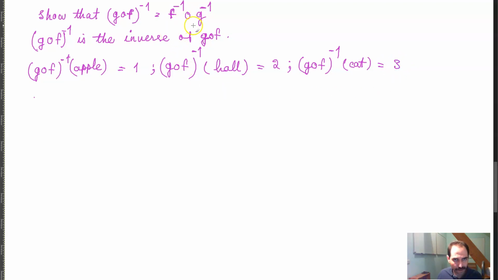So now let's find out what is f inverse composed with g inverse.